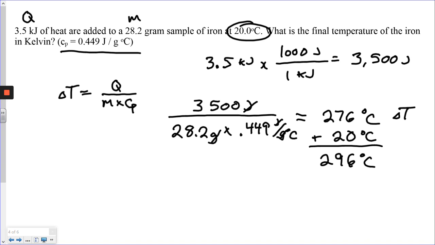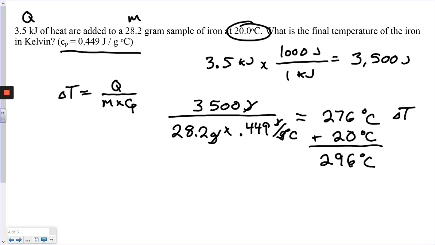So if we ever need to find the final temperature, we just find the change in temperature and add that to our initial temperature. Now in this case, it says that heat was added, so we know that the temperature went up. That's why we are adding 276 degrees to the 20 degrees. If it said that the temperature went down, we would just be subtracting our change in temperature.